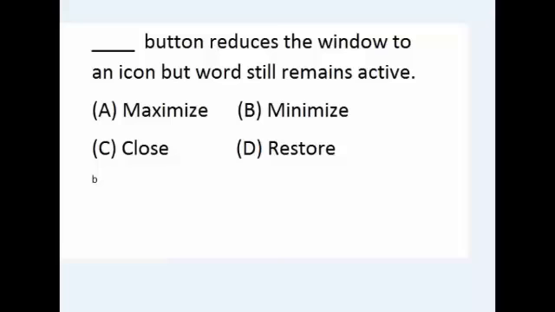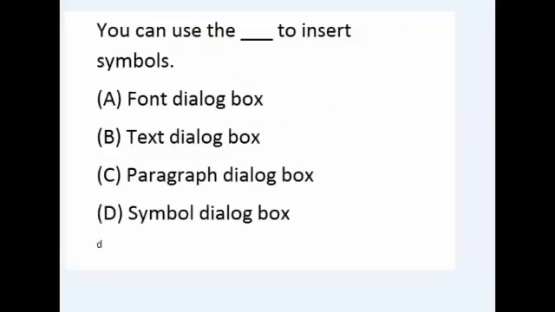The button reduces the window to an icon but the program stays active. A. Maximum, B. Minimize, C. Close, D. Restore. The answer is B, minimize. You can use this to insert a symbol.